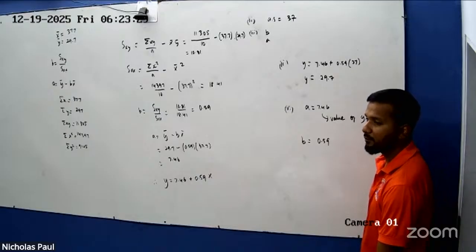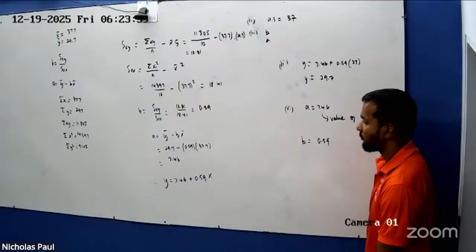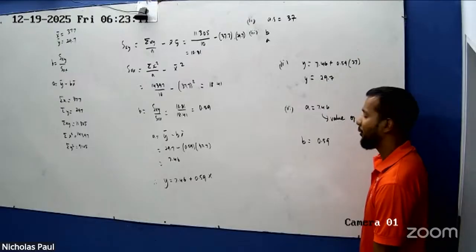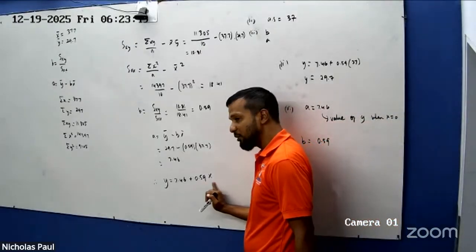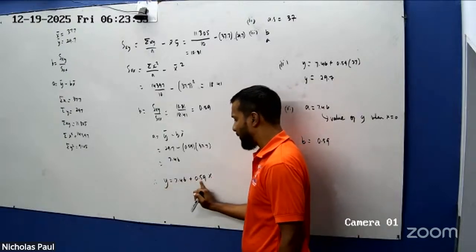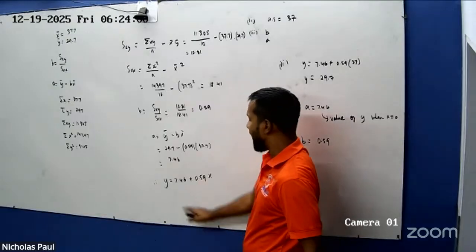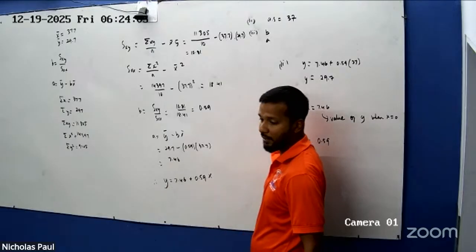Any ideas? Did you do it already? Very good. That's it, right? So for every unit increase in x, y will increase by a factor of 0.59. That's okay? Right?